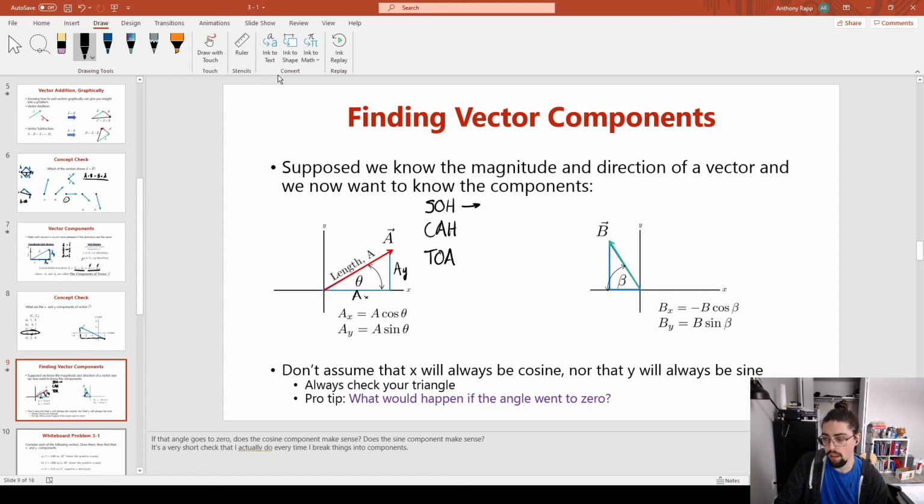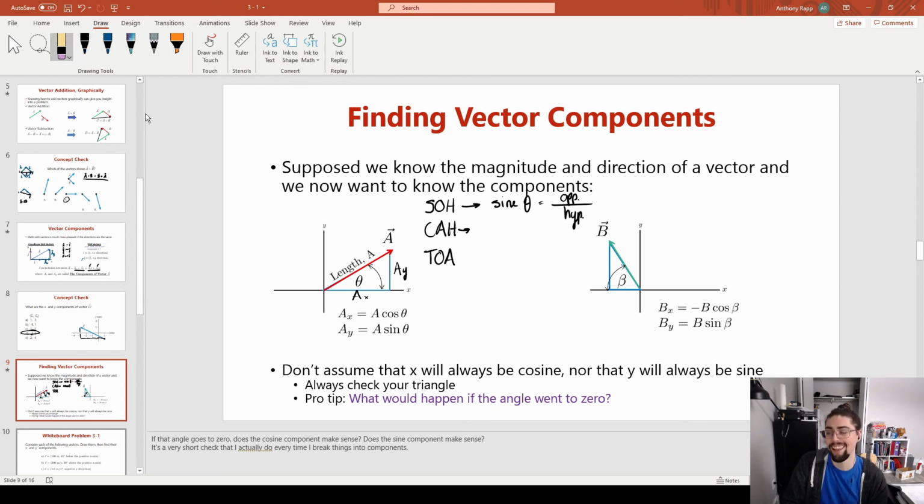So this would say that sine of theta, for example, would be equal to the ratio of the opposite leg over the hypotenuse. CAH is cosine. I have not given myself enough space to write this out properly.